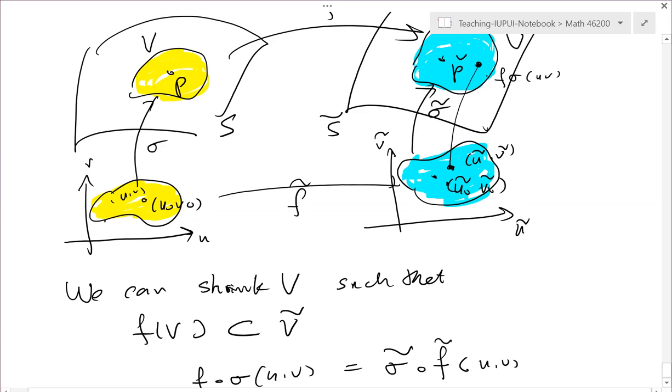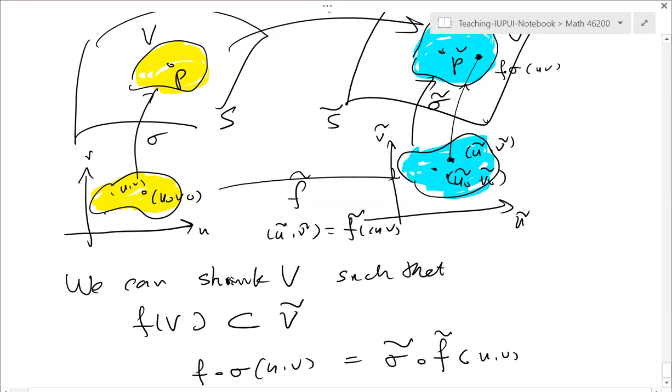Therefore (u2, v2) equals F2(u, v). And how does that determine (u2, v2)? Well, the image is going to be that point. So you have this identity.